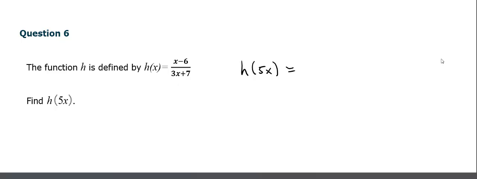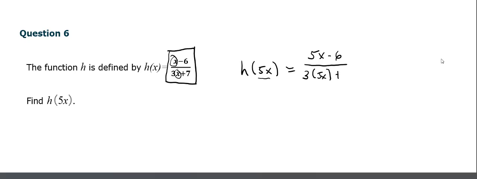So what we do is, again, we take the function given, and in place of x, we're going to replace it with 5x. So instead of it being x minus 6, this becomes 5x minus 6. And in our denominator, instead of it being 3x plus 7, it's 3 times 5x plus 7.